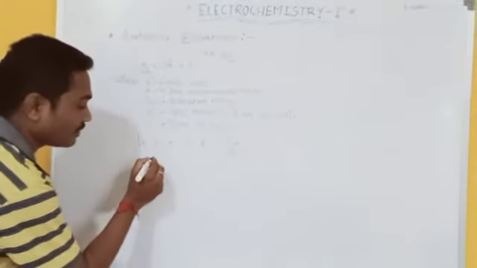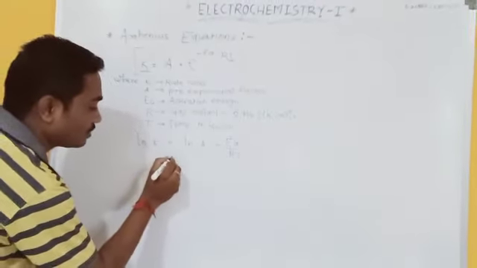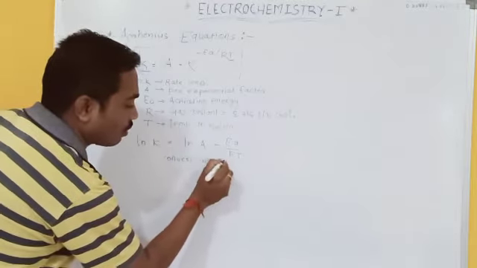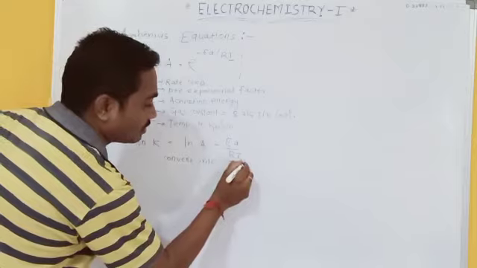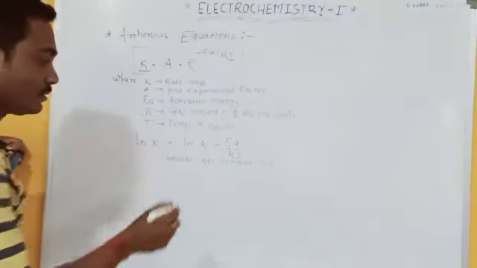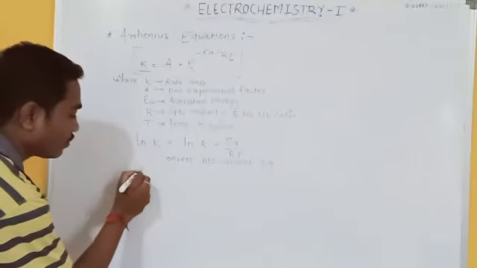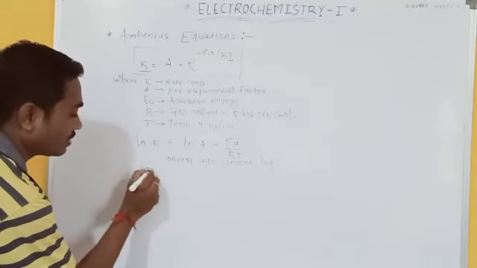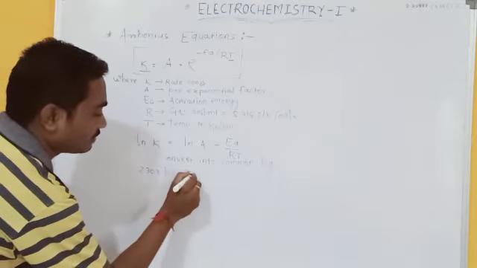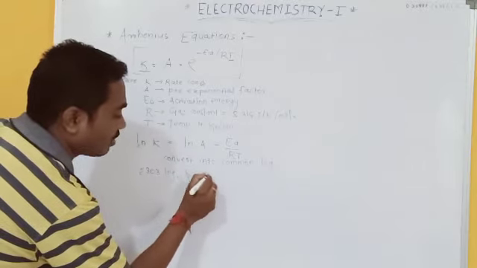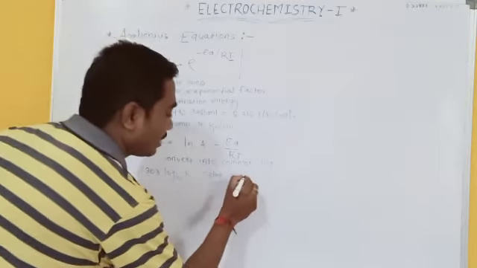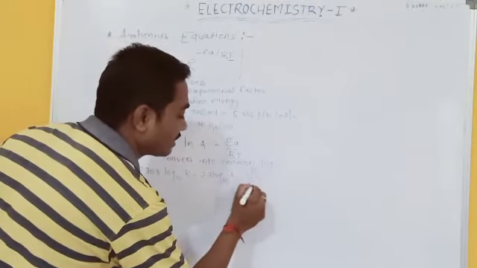Converting this into common log means multiplying the above equation by 2.303. So 2.303 log to the base 10 of K is equal to 2.303 log to the base 10 of A minus EA by RT.